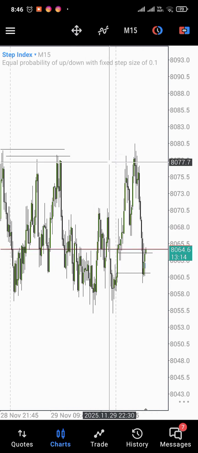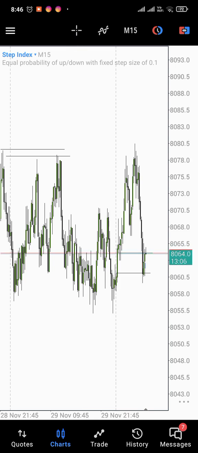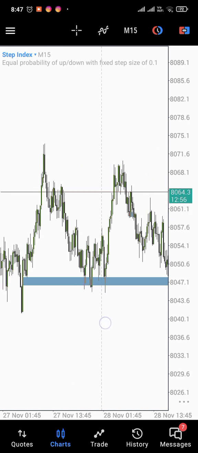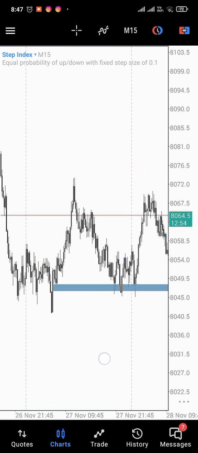Who's up there? The resistance and support type of traders. You are basically trading that way. You're using that idea, but you're using it with the first fair value gaps of the day. So these are the two examples that you will attempt.